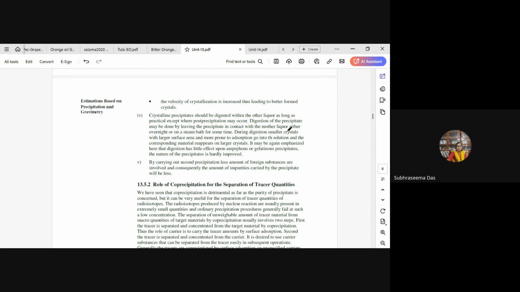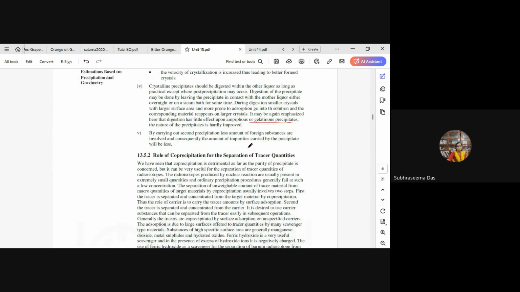Then we can also minimize co-precipitation by digesting crystalline precipitates with the mother liquid as long as practical. Digestion of the precipitate may be done by leaving the precipitate in contact with the mother liquor. It should be emphasized that digestion has little effect upon amorphous or gelatinous precipitates.